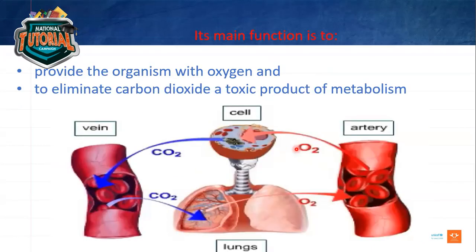And then the main function of the human respiratory system, what's the main function? This is to provide the organism with oxygen, because we do need that oxygen. Remember when we learned we need the oxygen for cellular respiration. And then to also eliminate carbon dioxide, which is a toxic product of metabolism. When we say metabolism, the body breaks down sugars.